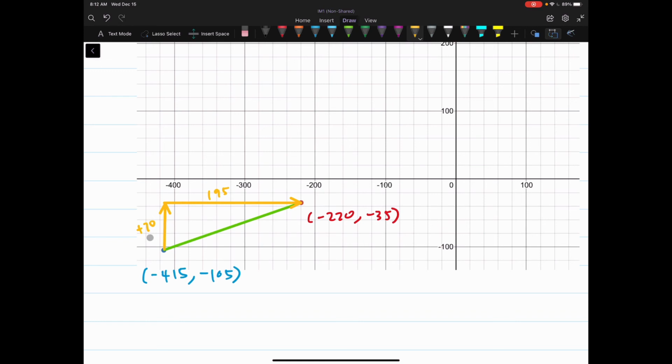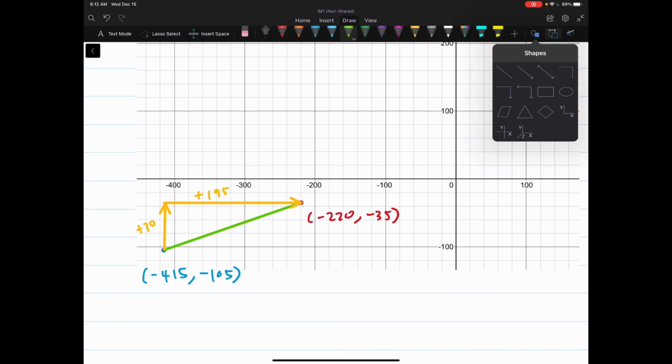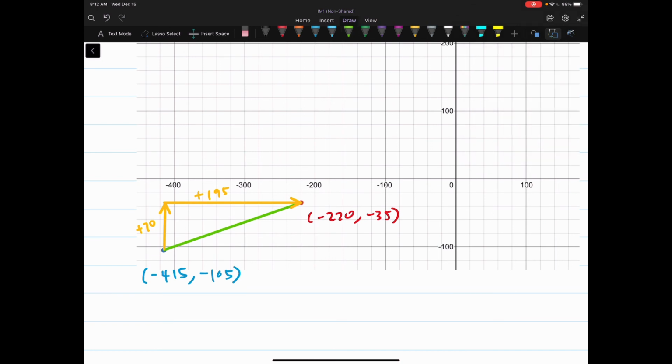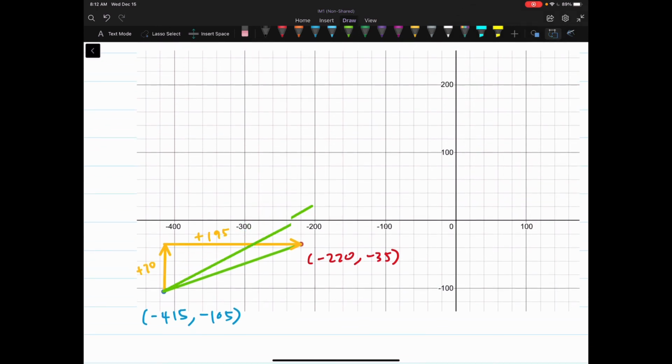Okay, so my rise is 70, my run is 195, so plus 195. And that's how we're going to do it, right? If I continue to draw this line, and it's probably not going to be as straight as the previous one, it's going to land somewhere right there, if I keep the integrity of the line.